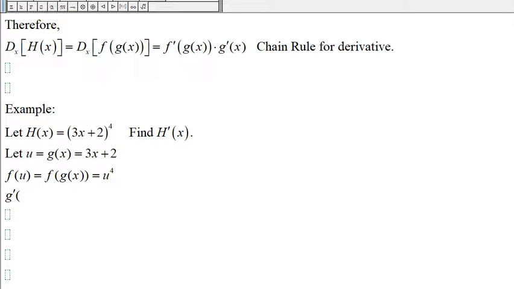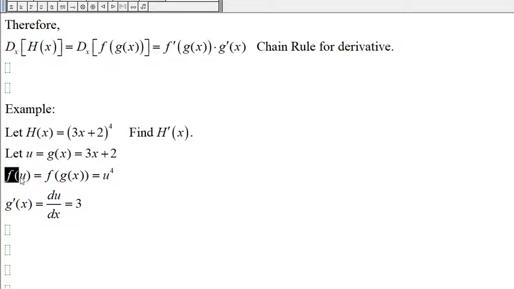The derivative of g, or the derivative of u, which is the same as du over dx, is 3, since the derivative of 3x plus 2 is 3 plus 0, which is 3.